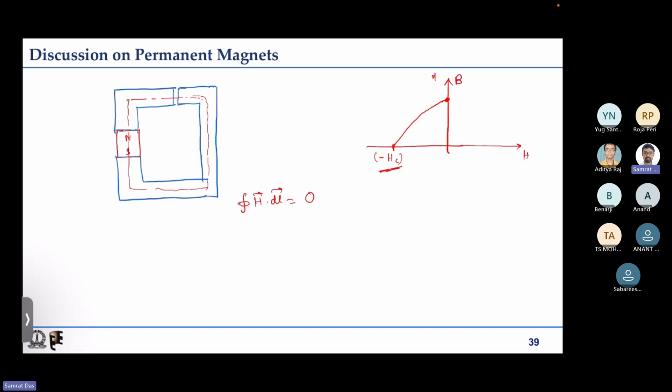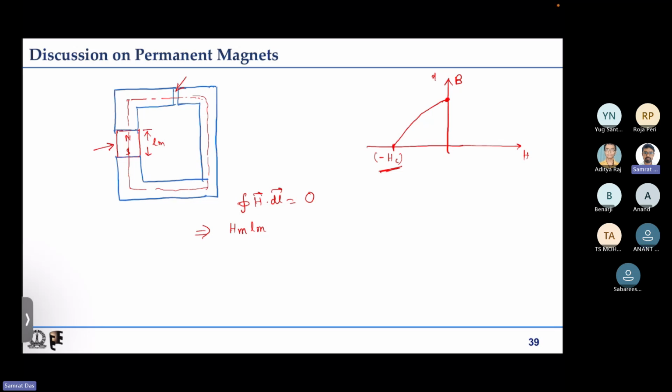Now this can be divided into three portions. One portion is the permanent magnet, another is the iron, the ferromagnetic material portion, and the third is the small air gap. If we divide it into three portions, then H magnet into L magnet, where L is this length.